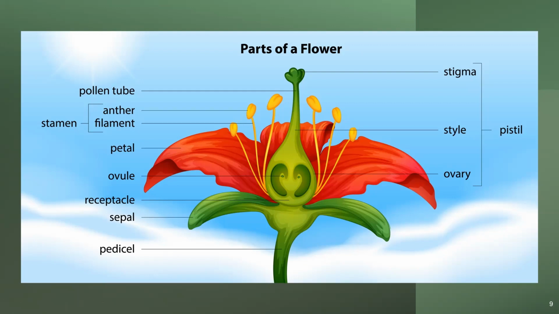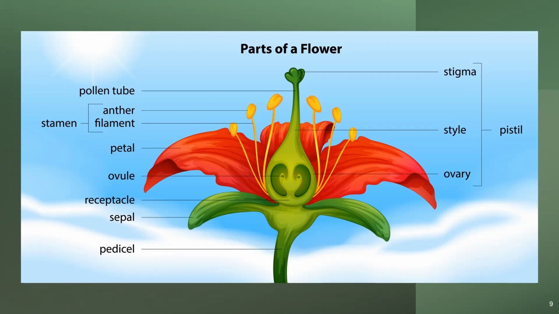A great flower to look at, because all of these parts are so large and visible, is a lily. You look at a large lily, and if you touch the tip of the stigma in the center there, it's actually sticky to the touch, because that's the receptacle that pollen will stick to.